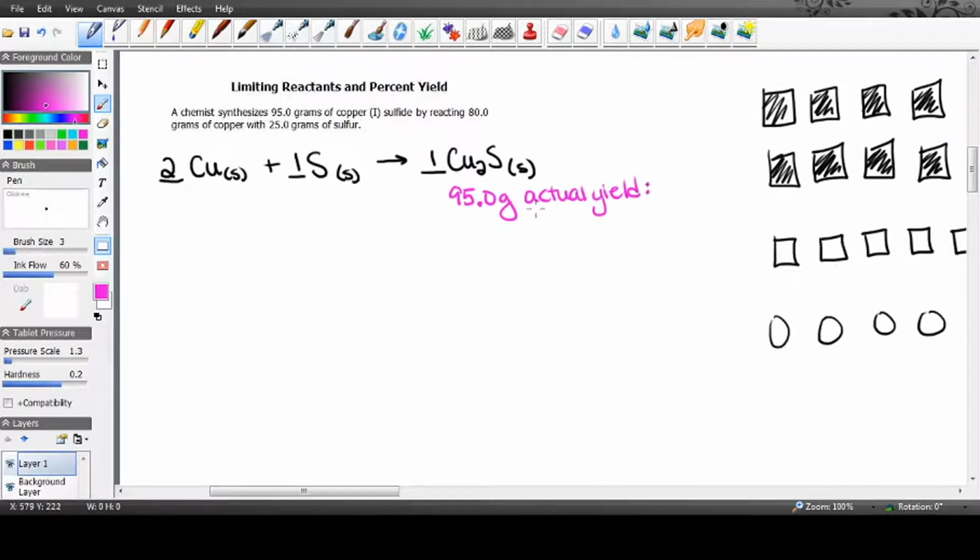And why don't you guys go ahead and define that down below in your notes. The actual yield is the amount of product actually made in the lab.